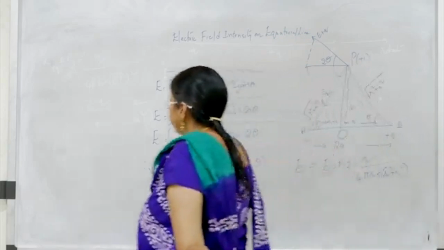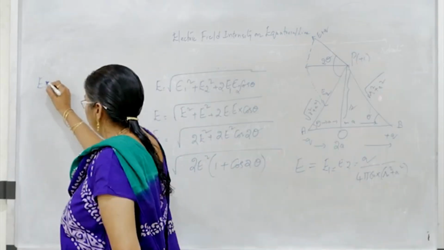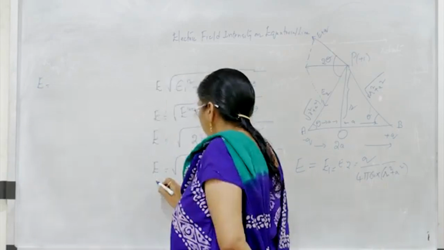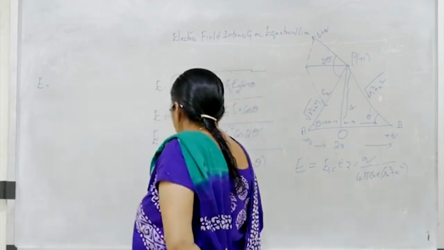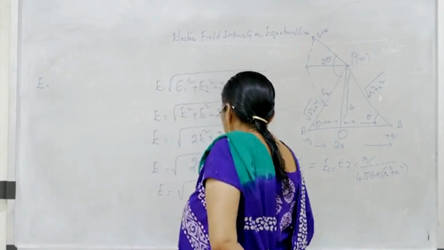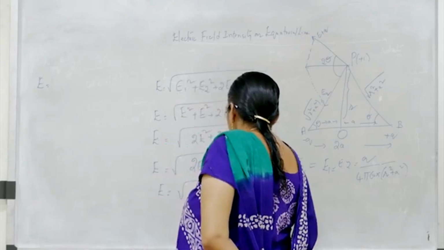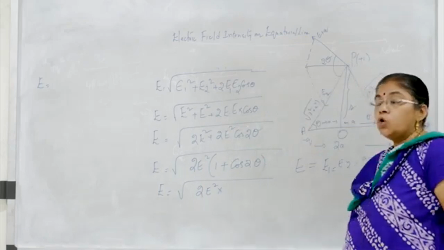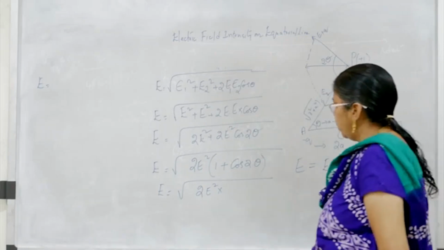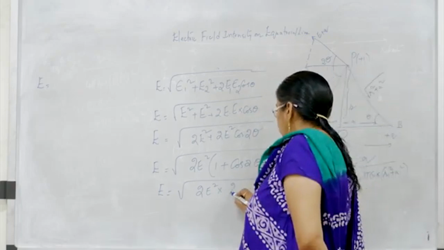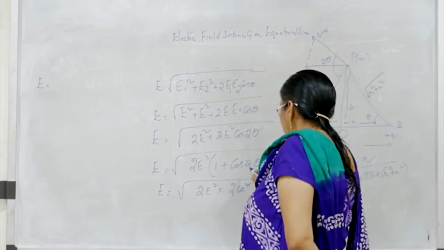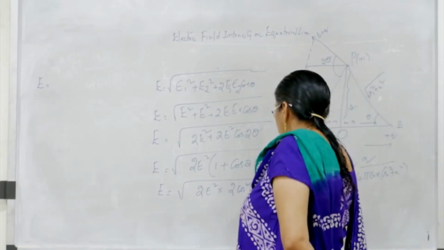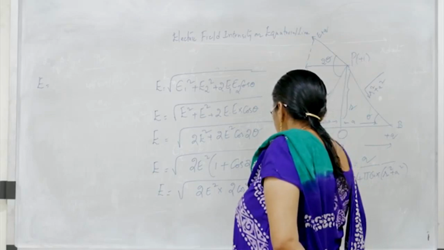So E is equal to root over 2E square into, using the formula cos 2 theta equals 2 cos square theta minus 1, so this is 2 cos square theta minus 1 plus 1.